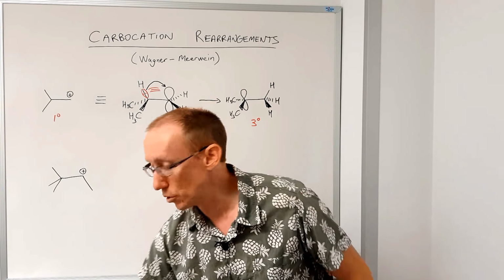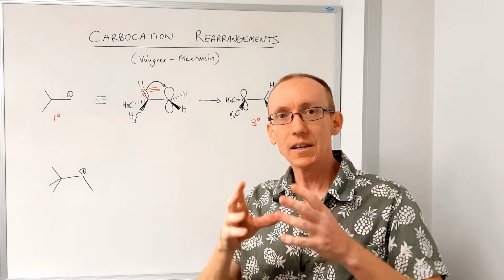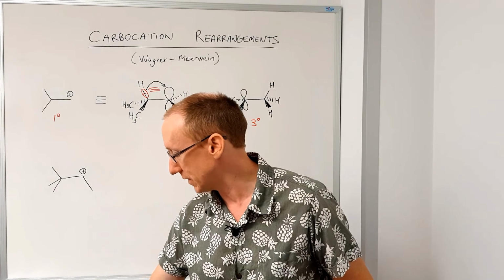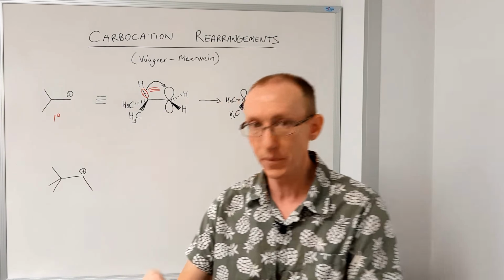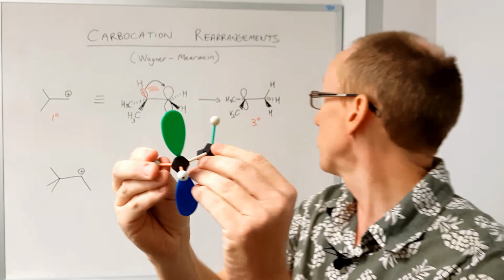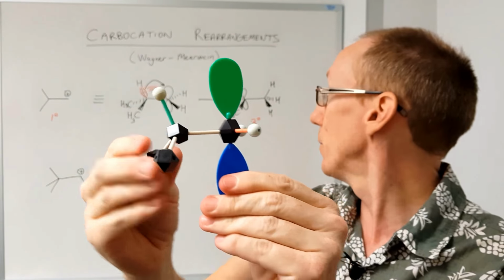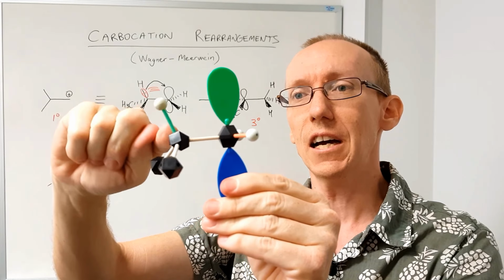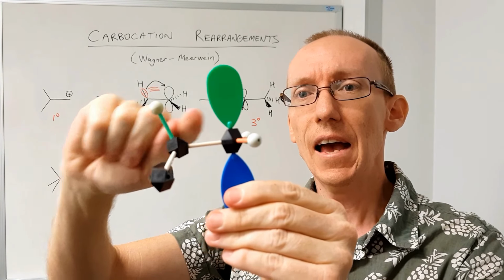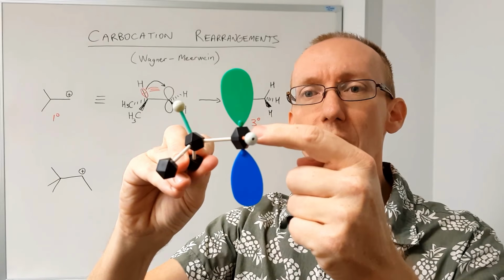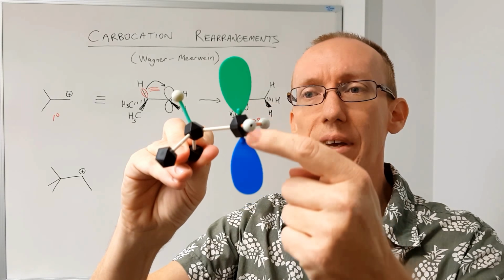Okay, so sometimes it's good to look at molecular models to see how these things work in 3D. So I've got a model of our starting material here. I'll try to align it the same as in the diagram. So here we've got the hydrogen-carbon sigma bond, and here we've got the vacant p orbital on that primary position, so the primary carbocation.